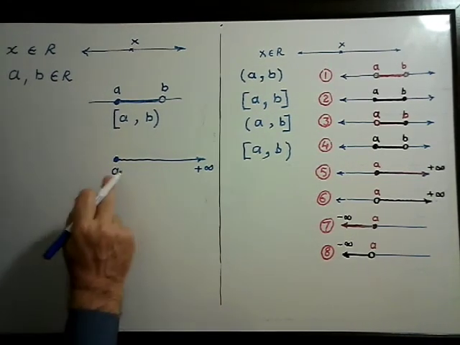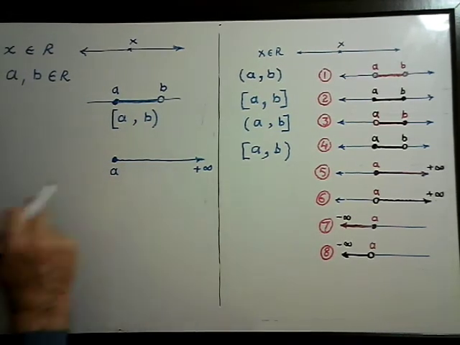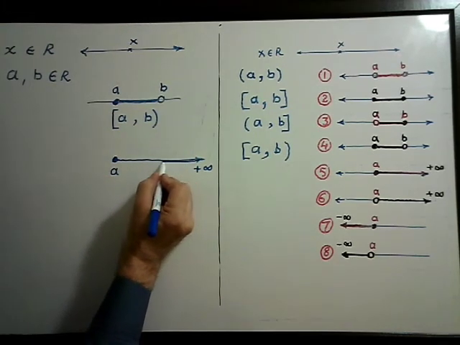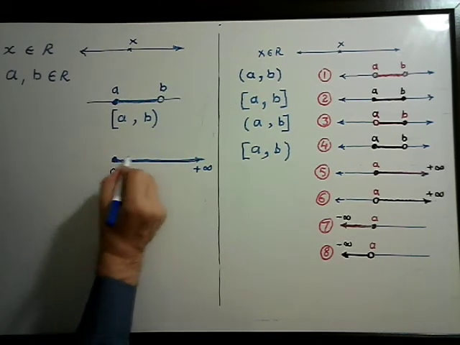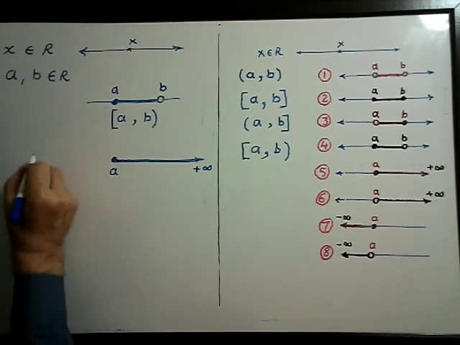You see just one number here is a bound for the interval. The interval includes all the numbers here, plus a.